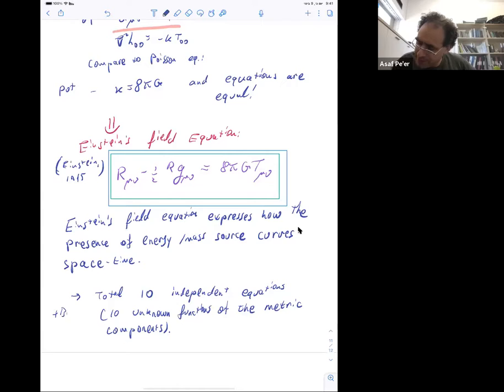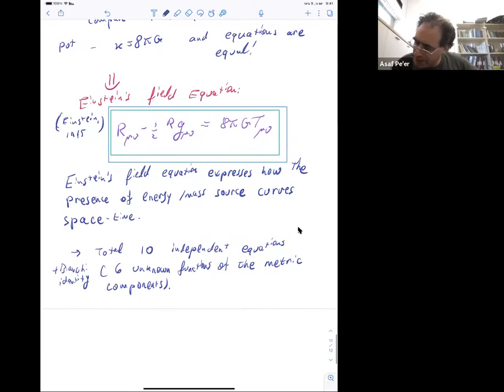The Bianchi identity implies that there are a total of only 6 unknowns, because the rest you can get by the Bianchi identity. So in reality, there are really only 6 independent equations.